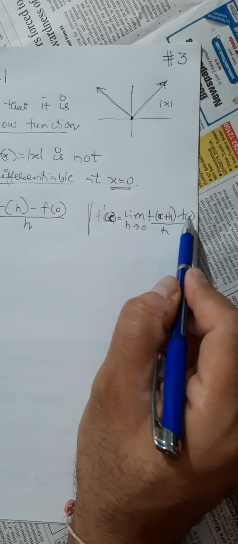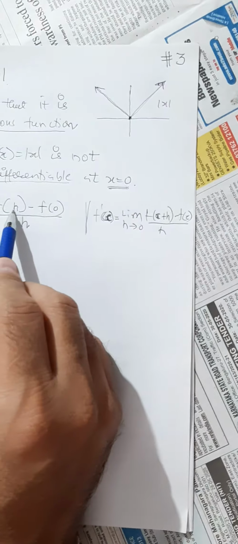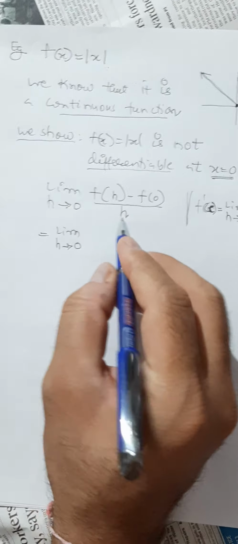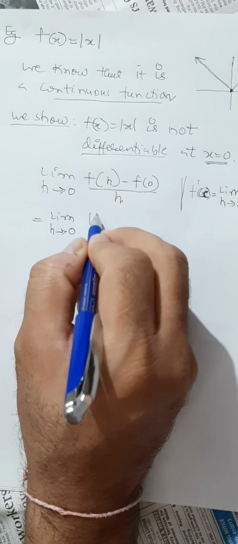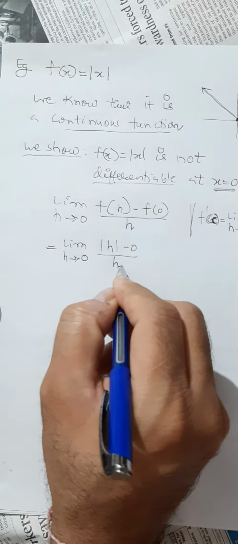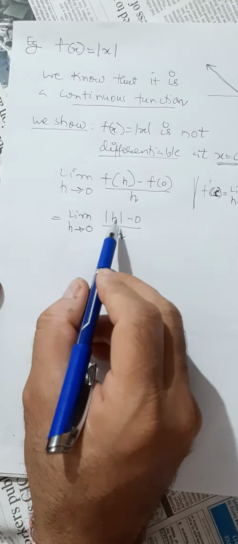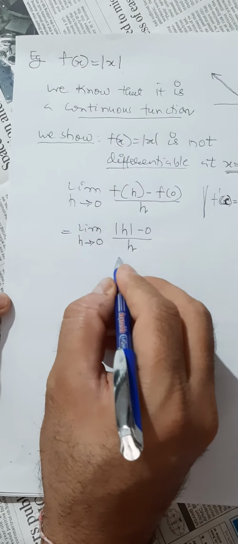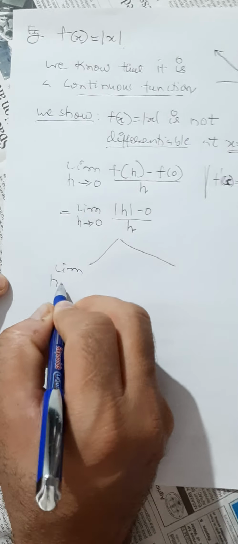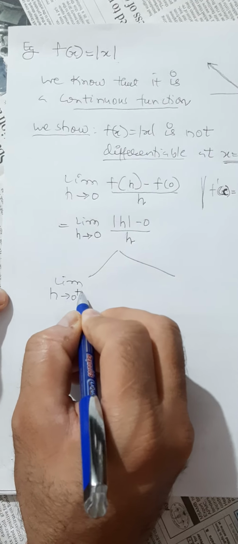In this formula, instead of c, I wrote 0 here. Now, this is equal to, what is this? This is modulus h. What is f of 0? That is 0, upon h. Right? Now you have modulus, so you need to split into right and left. You recall from the beginning of continuity. So limit h tends to 0 from the right.